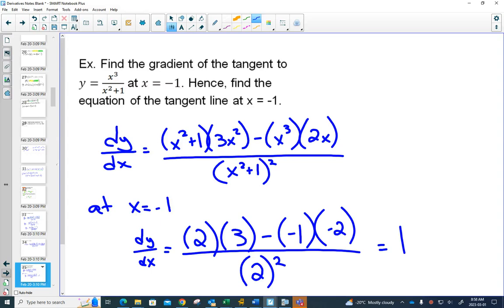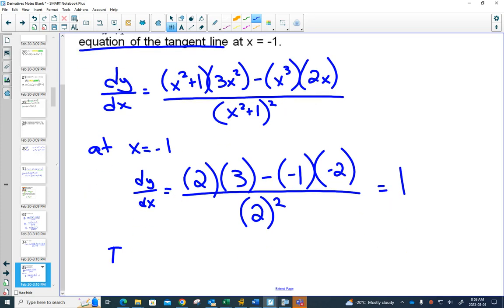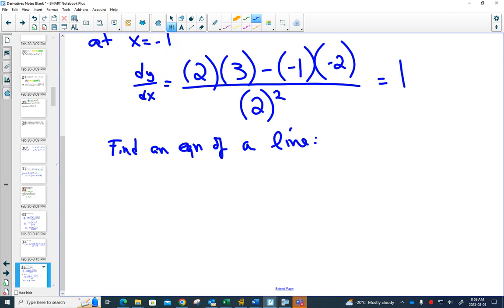Okay, so we found the slope. The slope is 1. And then it says, find the equation of the tangent line. So to find, this is grade 10 math, we'll remind ourselves, to find an equation of a line, you need 2 things. The first thing you need is the slope. The second thing you need is a point.